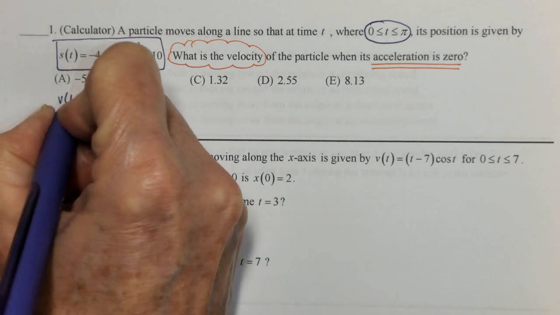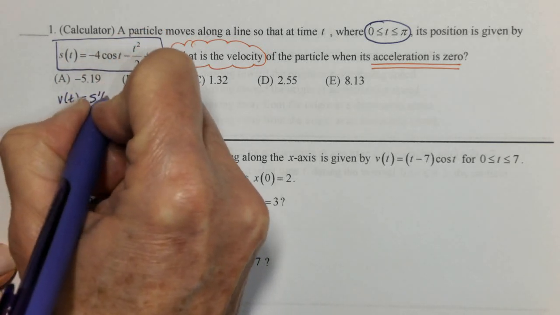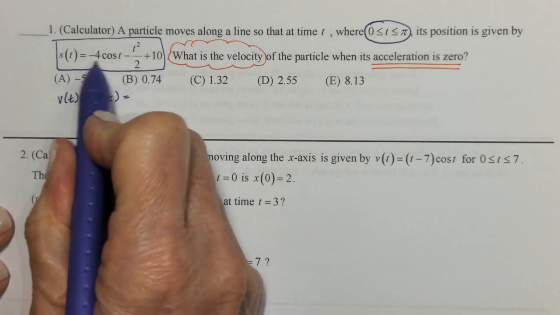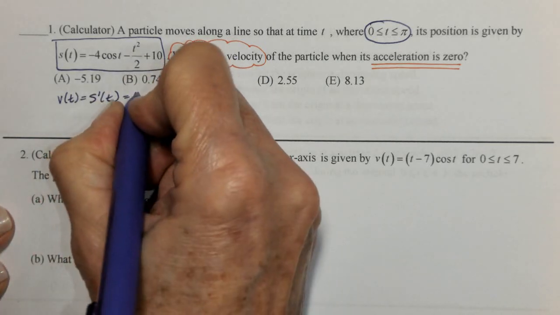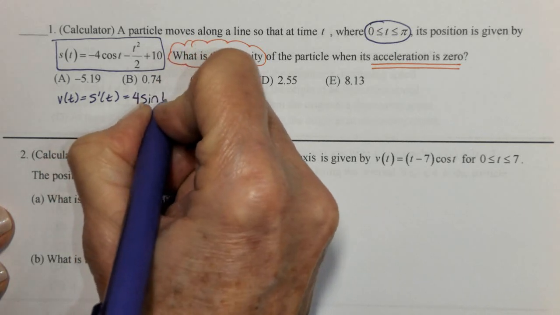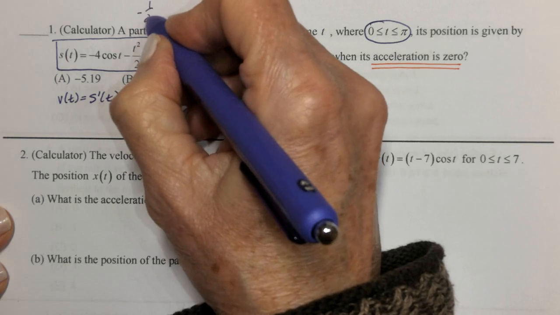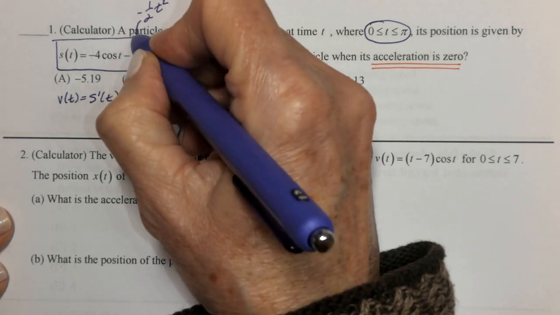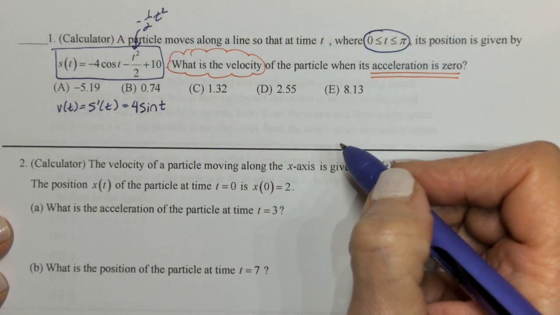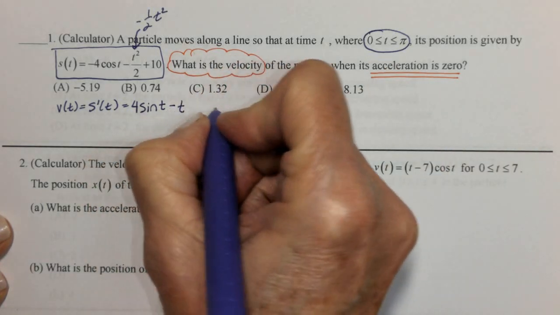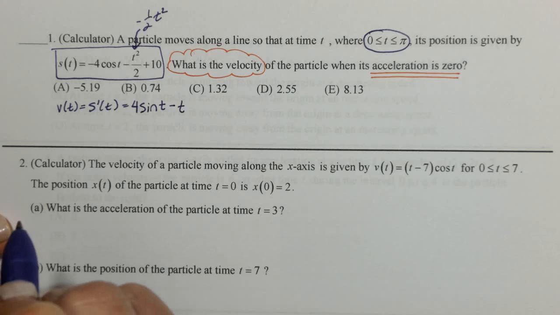The velocity is the derivative of position. The derivative of cosine is negative sine, so this would make it a positive 4 sine of t. This is negative 1/2 t squared right here. So when we take the derivative of that, it'll be a negative 1 t, and then the derivative of 10 is 0.